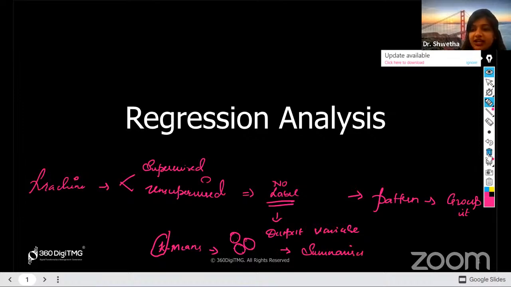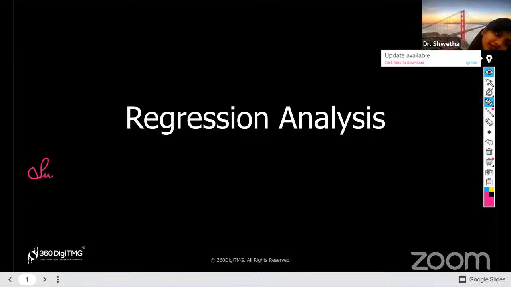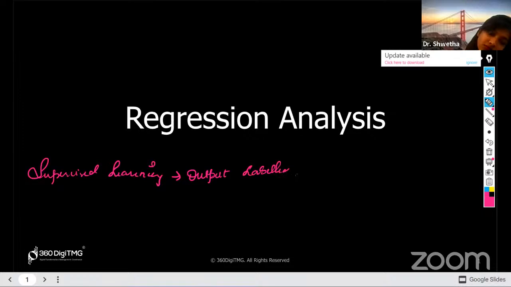Whereas moving ahead with the supervised learning, in supervised learning, we have an output variable or the data is labeled. We have something called the y column, and we are predicting on this.